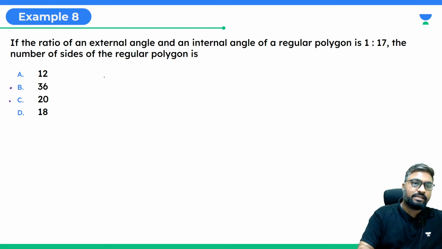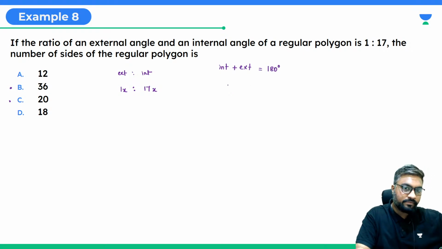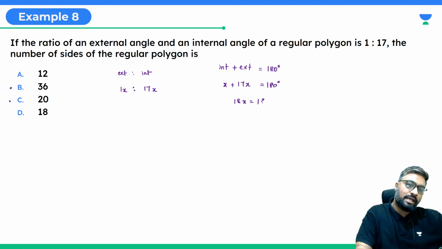In the question the ratio of exterior angle to interior angle is given, which is 1:17. Let's say x and 17x. We know that an interior angle plus exterior angle should be equal to 180 degrees. Correct? Supplementary. So you get x plus 17x is 180 degrees, or 18x is 180 degrees.